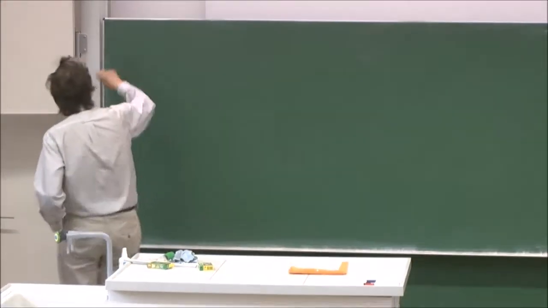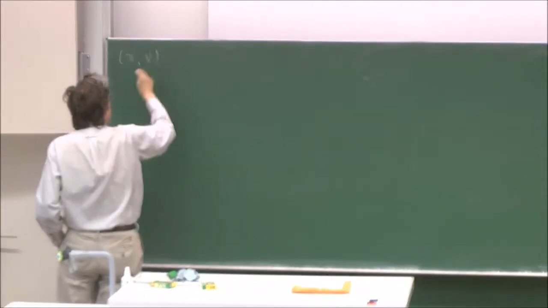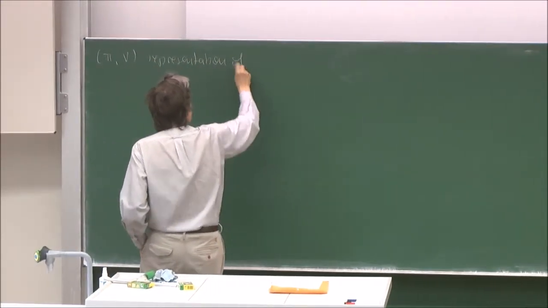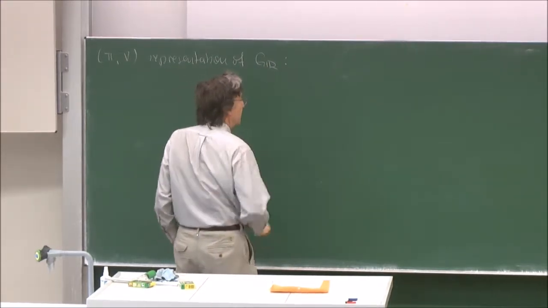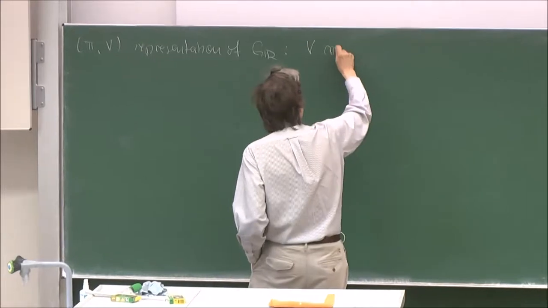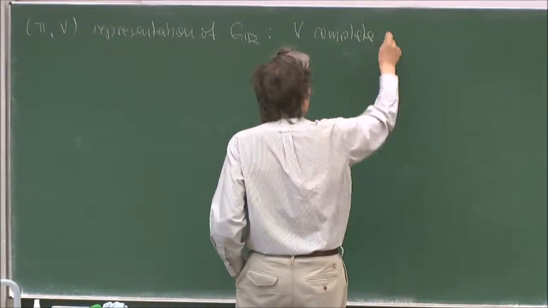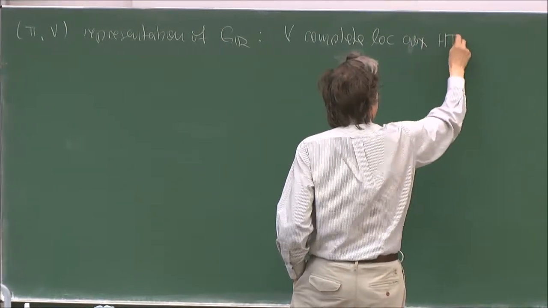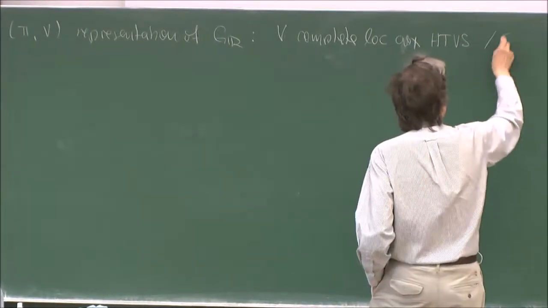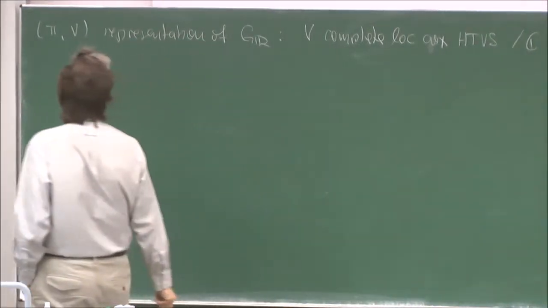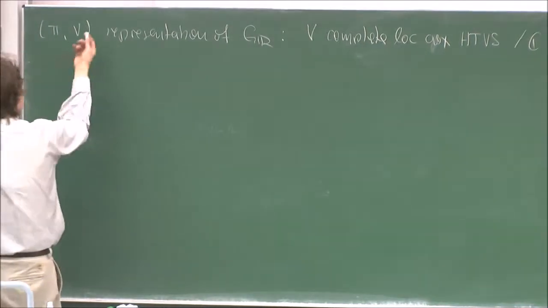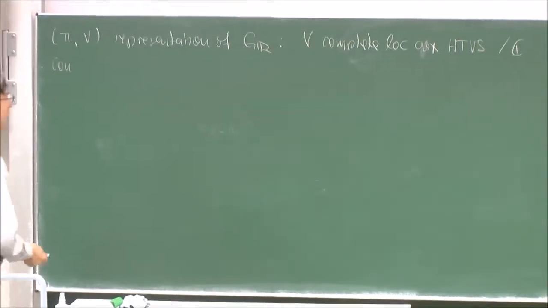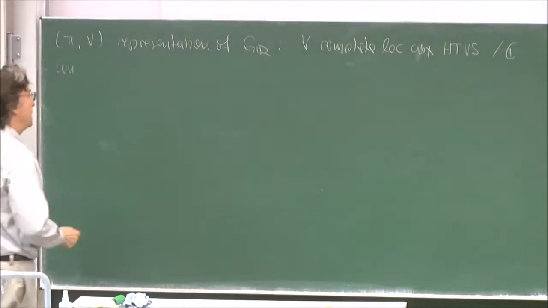So let's say V a representation of G_R. And here V is a complete locally convex Hausdorff topological vector space defined over C. One needs to require continuity, of course, otherwise there would be no connection with the Lie group structure.